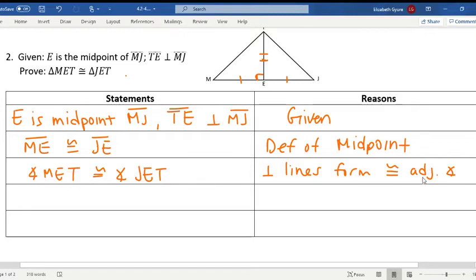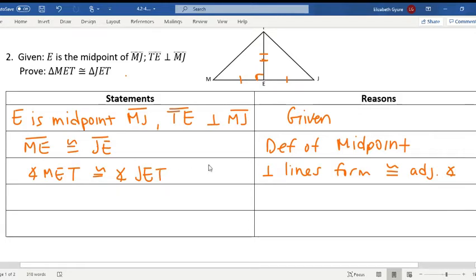There's a little bit longer way, if this doesn't pop into your head. Perpendicular lines make what kind of angles? 90-degree angles. So could we also state that both angles were 90 degrees and then set them equal to each other using the transitive property? Absolutely. Either would be appropriate. It just depends on what you think of.